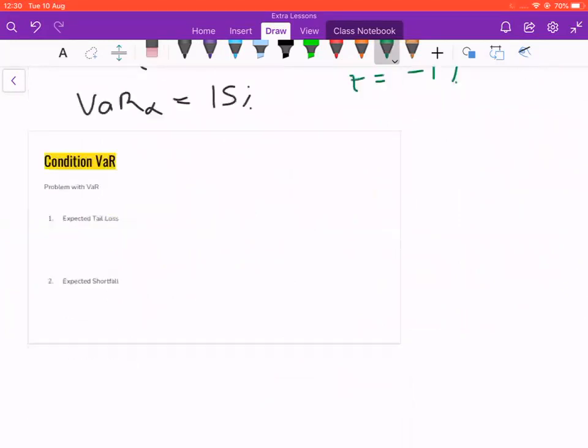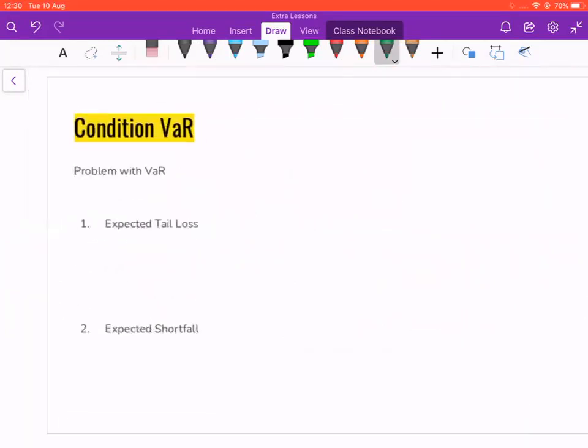For conditional VaR, we have two things that we can calculate: expected tail loss, and expected shortfall. I haven't seen any questions so far.